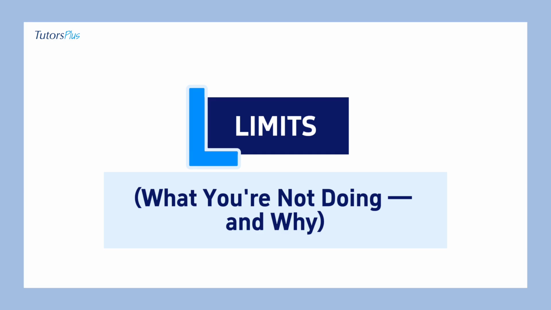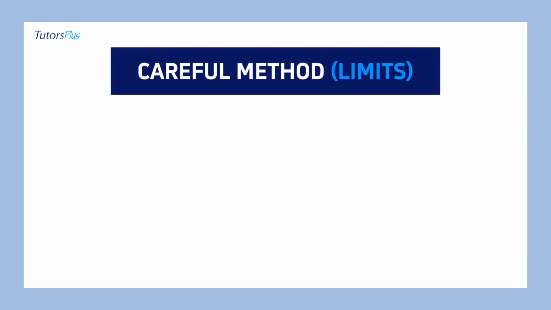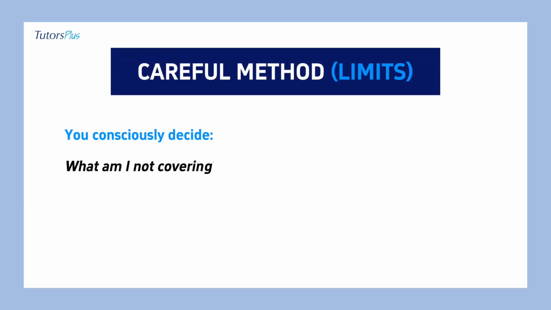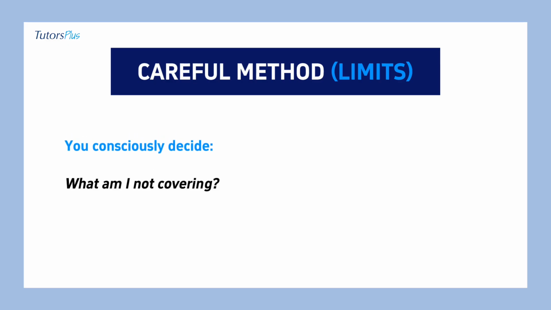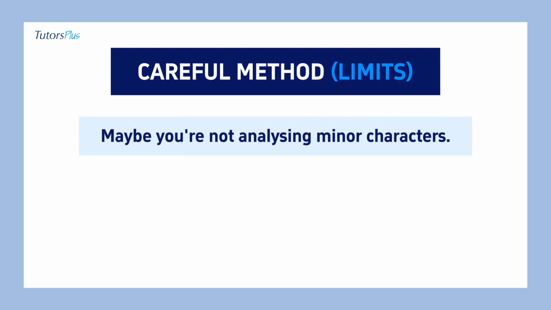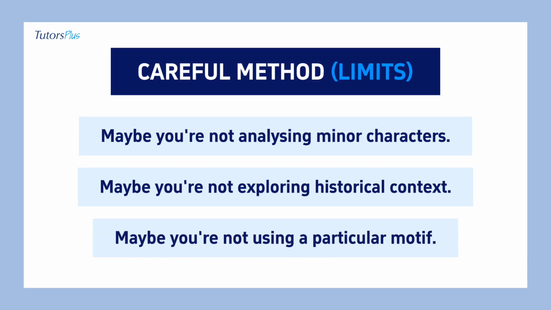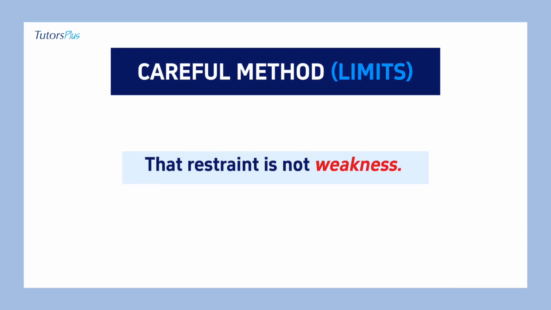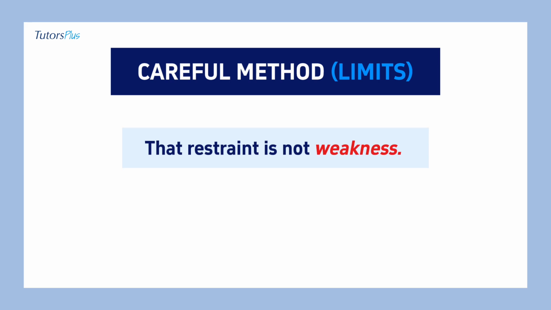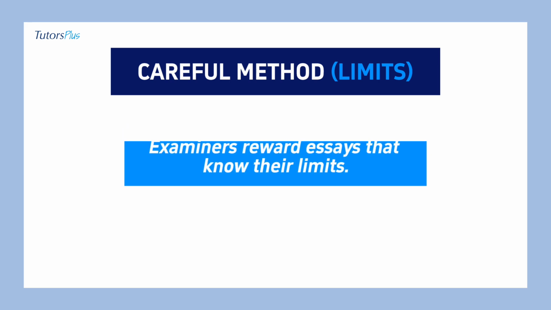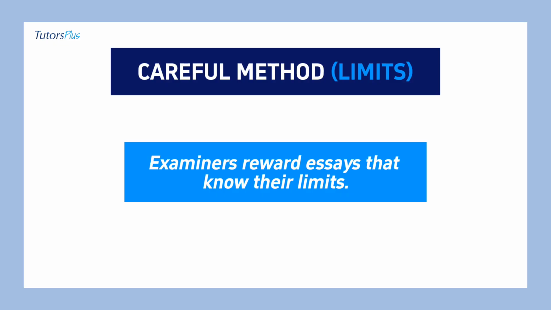The L is what you're not doing, and why. And this is where top band planning really shows. You consciously decide, what am I not covering? Maybe you're not analyzing minor characters. Maybe you're not exploring historical context, or maybe you're not exploring a particular motive. And this restraint is not a weakness, it's control. Examiners reward essays that know their limits.